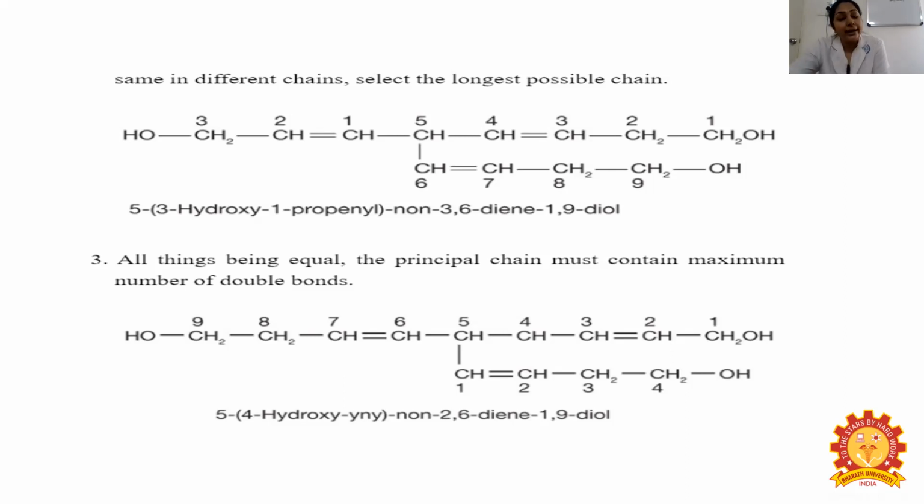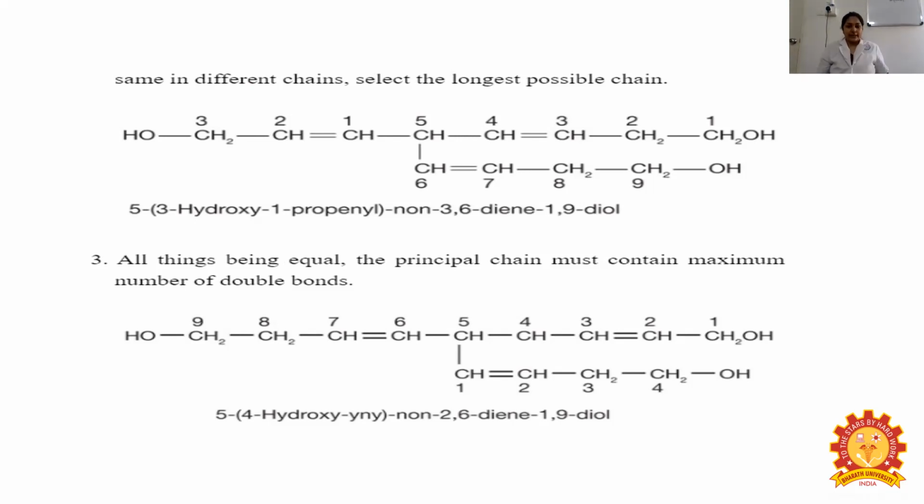So 3-hydroxy-1-propynyl, non-3,6-diene-1,9-diol. All things being equal, the principal chain must contain the maximum number of double bonds. So 1, 2, 3, 4, 5, 6, 7, 8, 9. So here, 4-hydroxy-ynyl non-2,6-diene-1,9-diol.